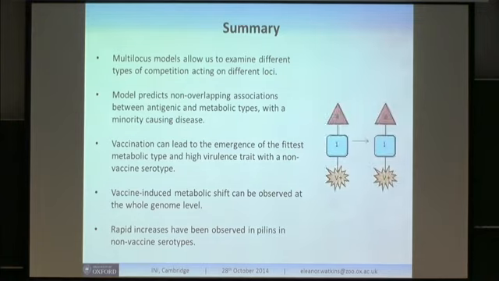When you impose vaccination, you get a shift of the metabolic genes and virulence genes. I briefly discussed tentative support for this at the whole genome level, and also that we've seen increases of two types of pilin in serotype 19A since vaccination.